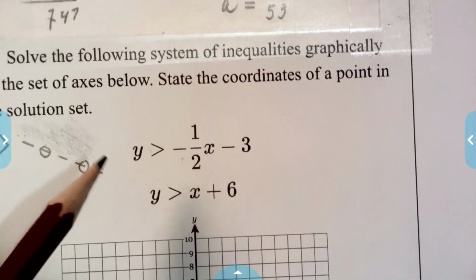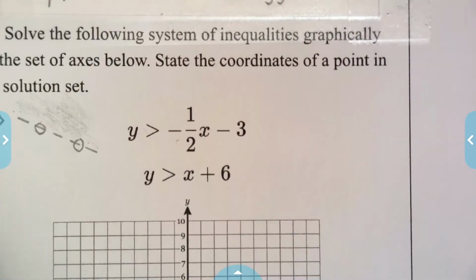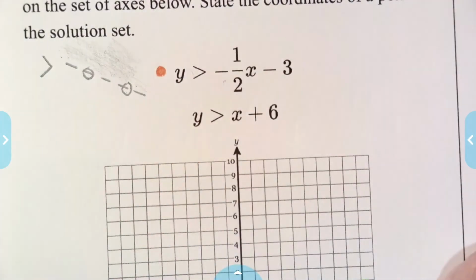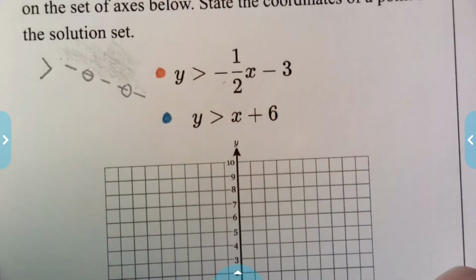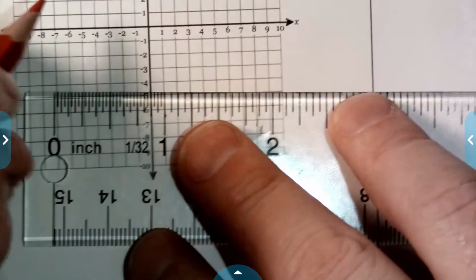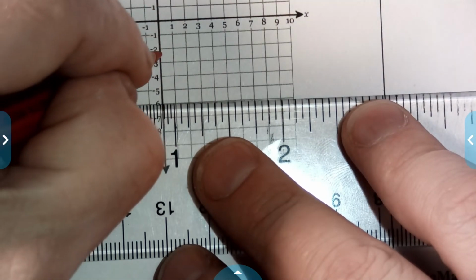But otherwise, we treat it just like a linear equation. So we'll make this one the red and this one the blue. Okay, so with my red, I'm going to start at -3. So down here, -3. And I'm going to put an open circle there.